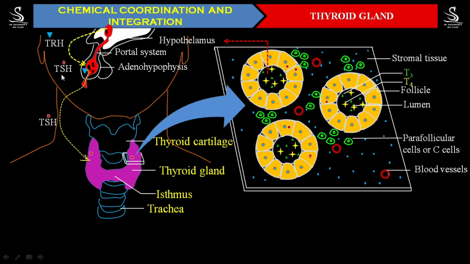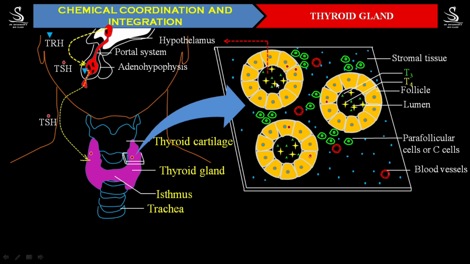Then automatically thyroid stimulating hormone secretion also decreases, and that leads to decreased secretion of T3 and T4 hormones. That is how the T3 and T4 hormone levels are maintained in the blood.